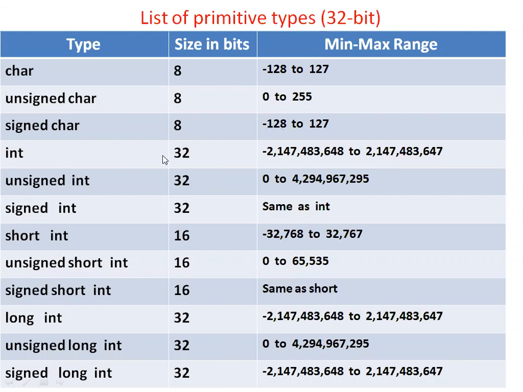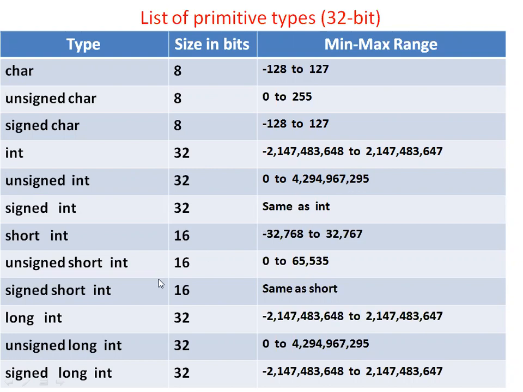Now integer, if it occupies 32 bits, that means 4 bytes. Signed int range is minus 2,147,483,648 to 2,147,483,647, as we said. And unsigned int means 0 to 4,294,967,295.